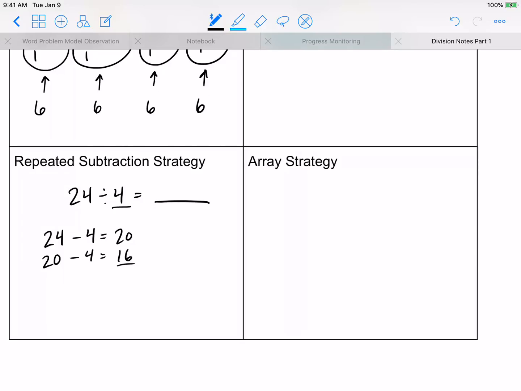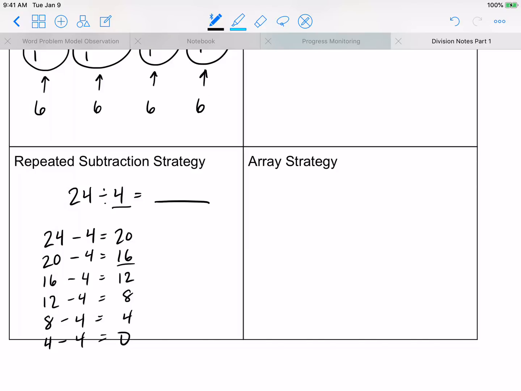Then whatever the answer was, you put here. 16 minus 4 equals 12, and then you're going to do 12 minus 4 equals 8. 8 minus 4 equals 4, and 4 minus 4 equals 0. So that's a repeated subtraction strategy. You could also do that on the number line, but this way works as well.